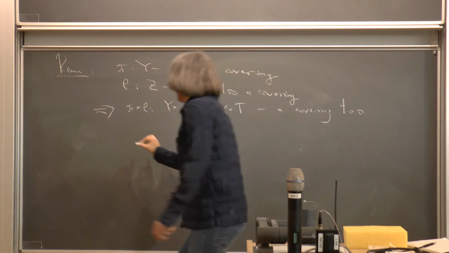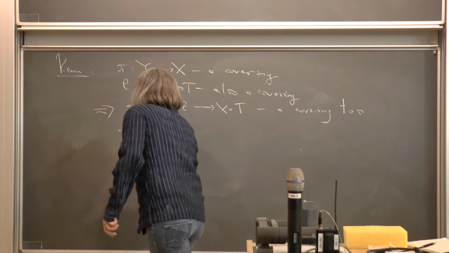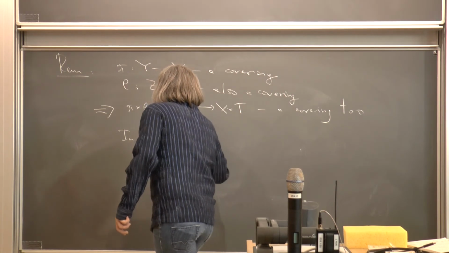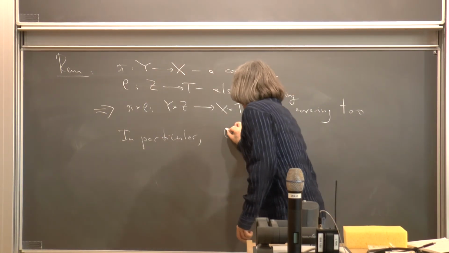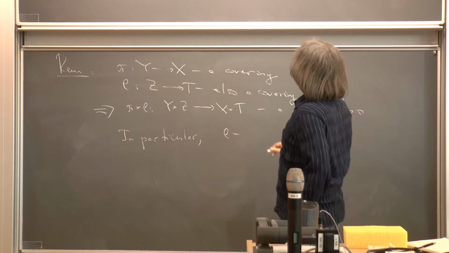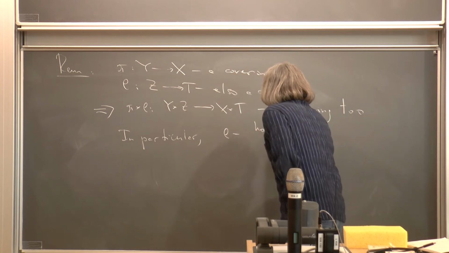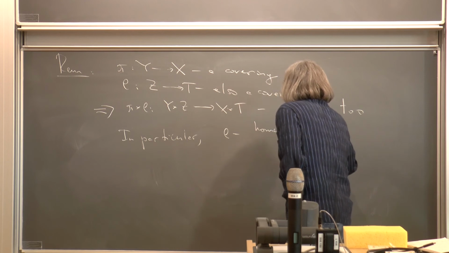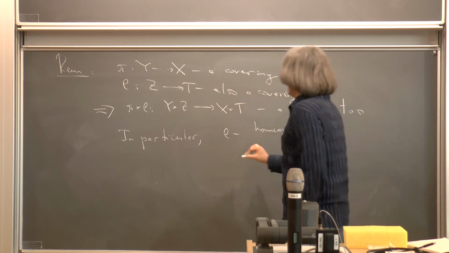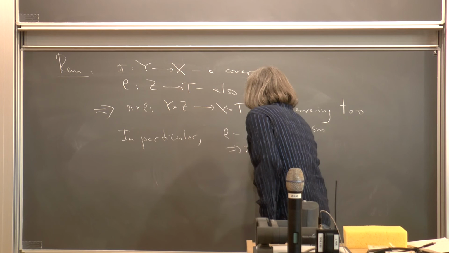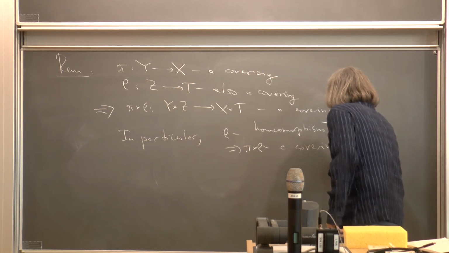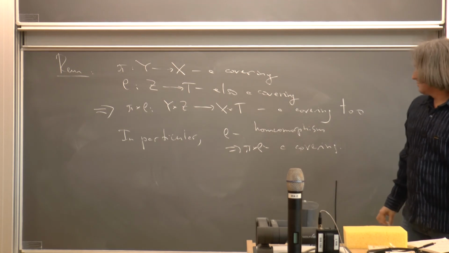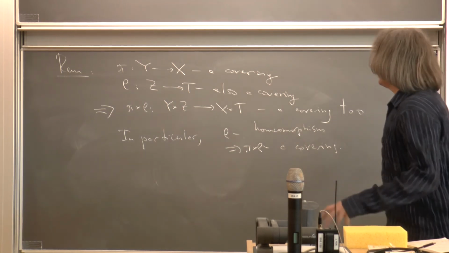So in particular, if rho is a homeomorphism as above, then pi cross rho is a covering. So now we're coming to the main example.